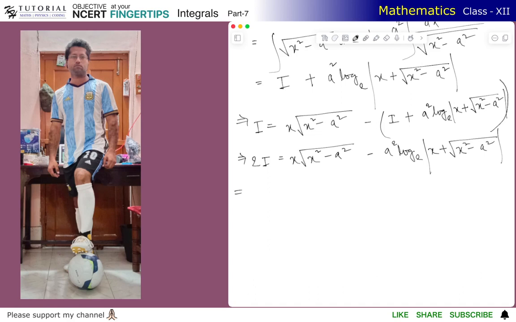So the final result we get is x by 2 square root of x square minus a square minus a square by 2 log mod of x plus square root of x square minus a square.